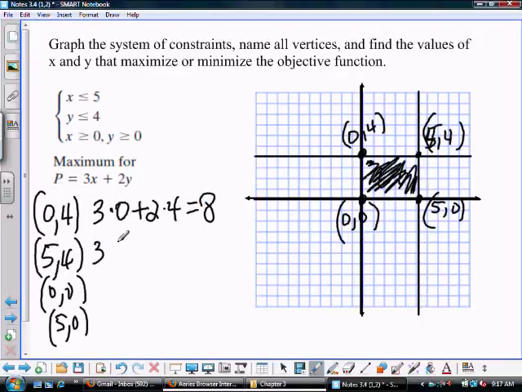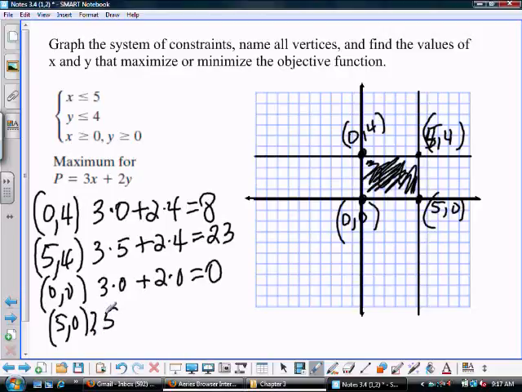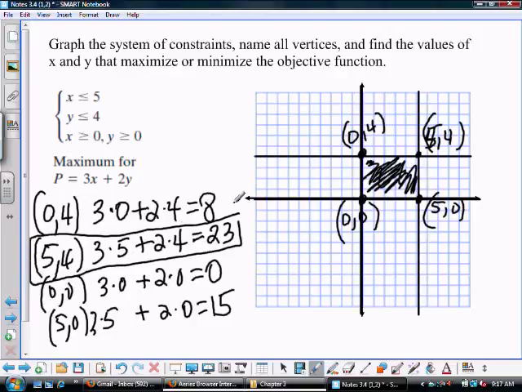I go 3 times 5 plus 2 times 4 and get 15 plus 8 is 23. I go 3 times 0 plus 2 times 0 and get 0. And 3 times 5 plus 2 times 0 and get 15. My maximum occurs at 5, 4 for a maximum of 23.